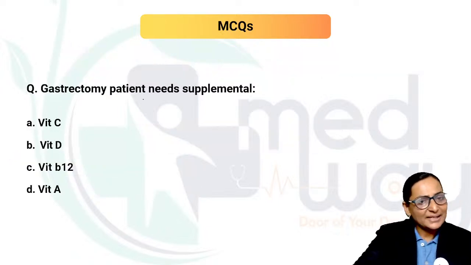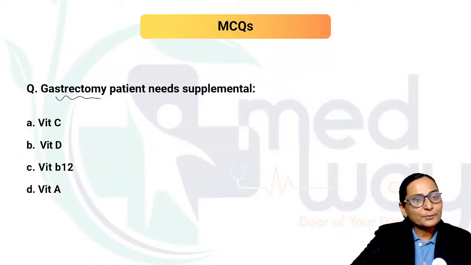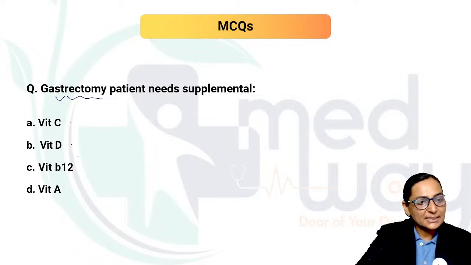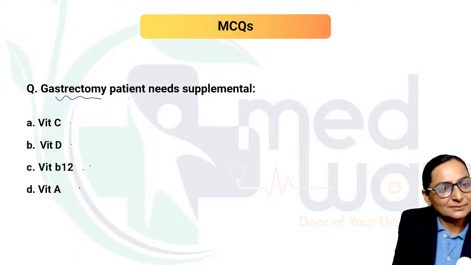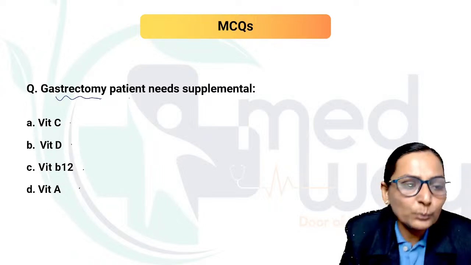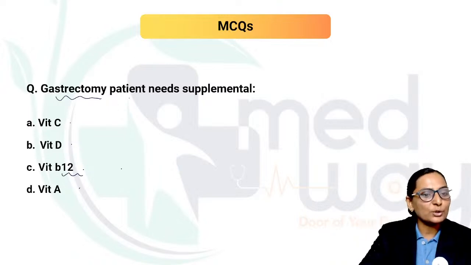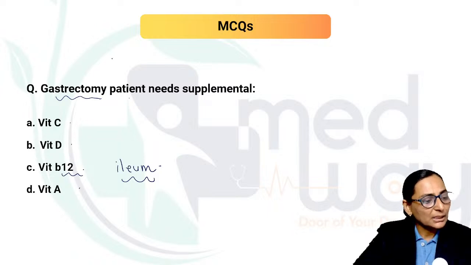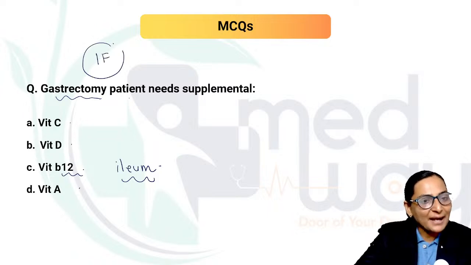Next, very simple question. Gastrectomy needs supplement of vitamin C, D, B12 or A. So what is it? Very simple. You know that vitamin B12 is going to be absorbed in the ileum, but it requires intrinsic factor that is coming from the stomach.